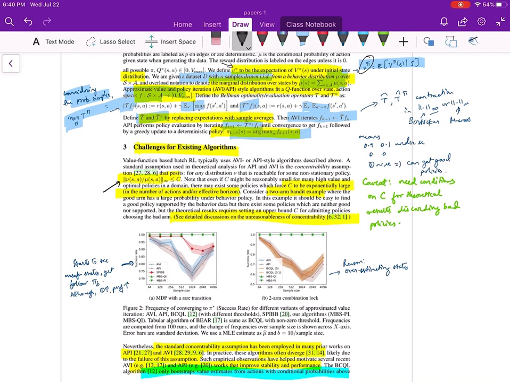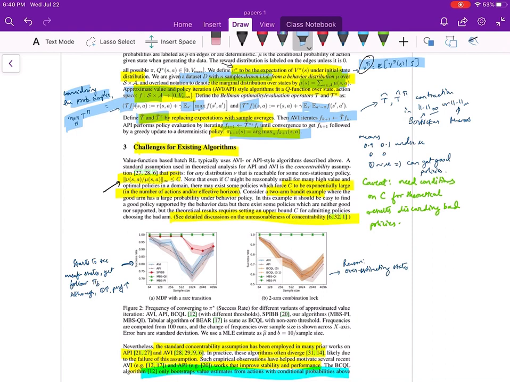This assumption is really strong, so they don't make this assumption here. And this might be the reason for whatever suboptimal results the other algorithms might see. Yeah, let's go ahead.